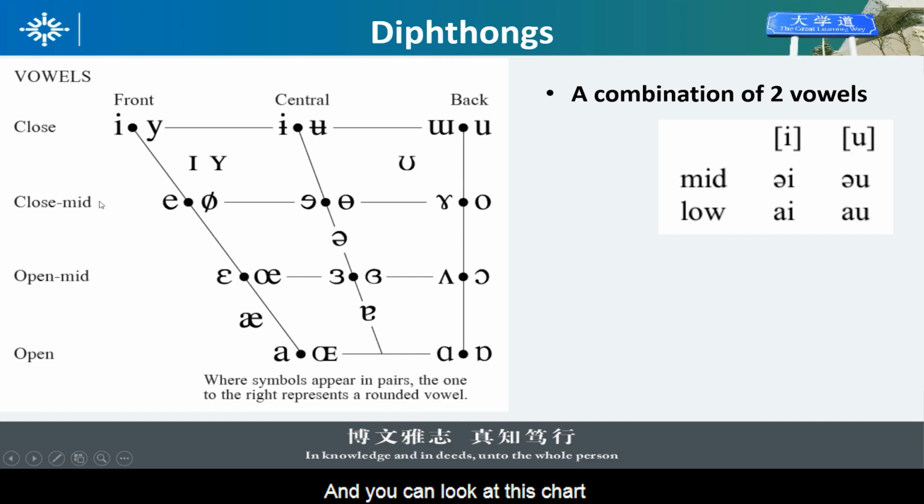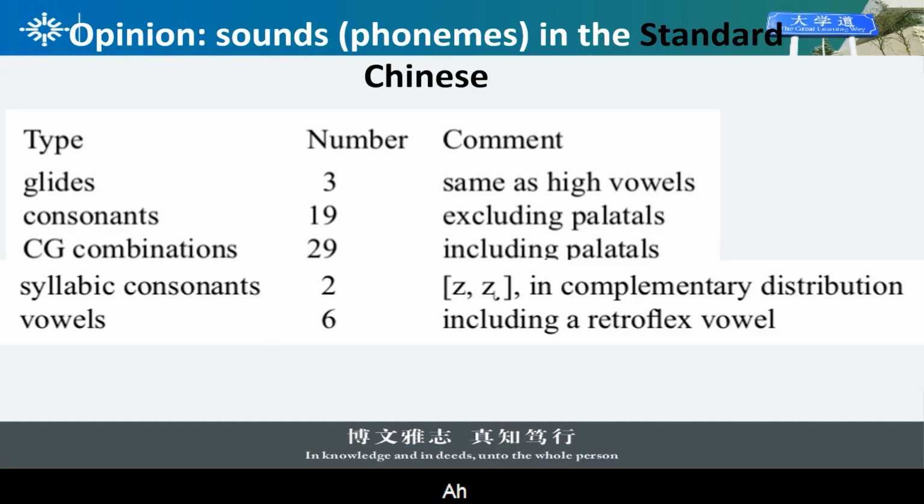You can look at this chart to identify which vowel, which phone I'm talking about here. These are combinations. That means you need to change from one vowel to another during the process of your pronunciation. Here I'm going to introduce an opinion which says the sounds or phonemes in standard Chinese include such situations.